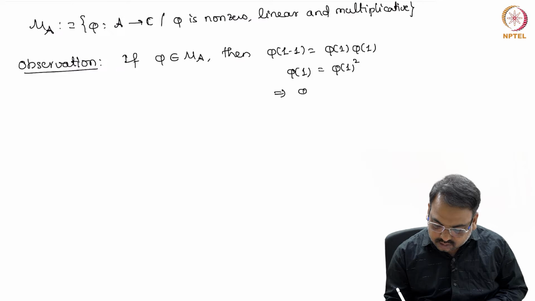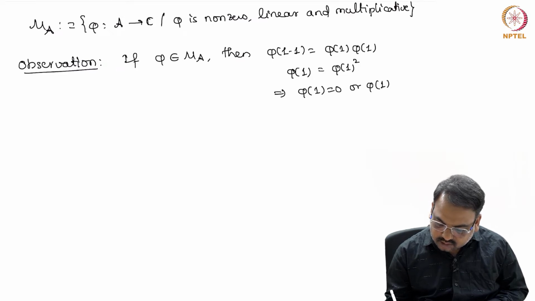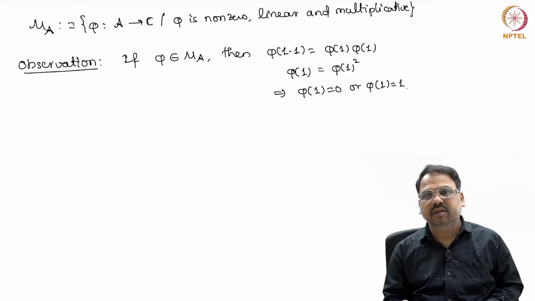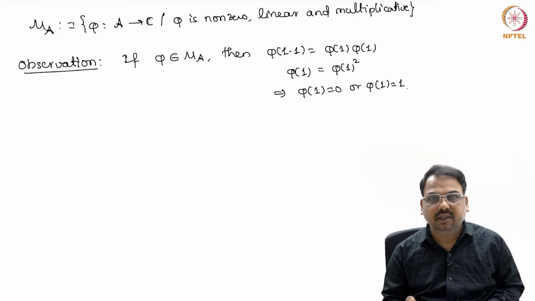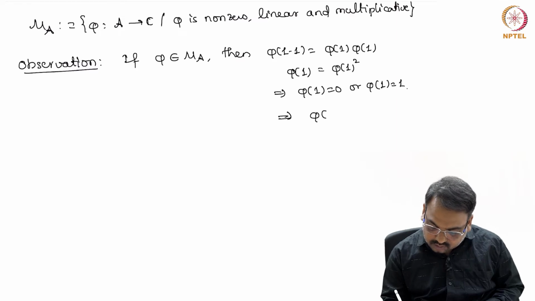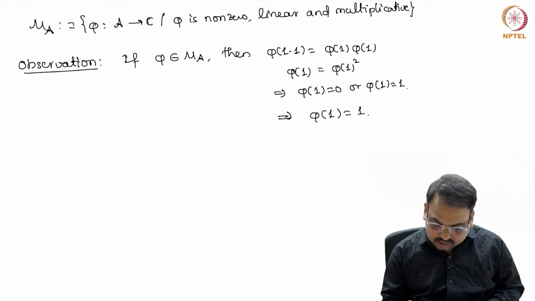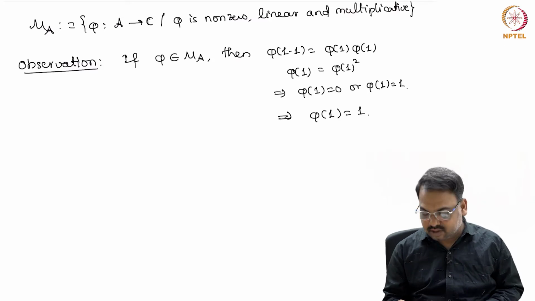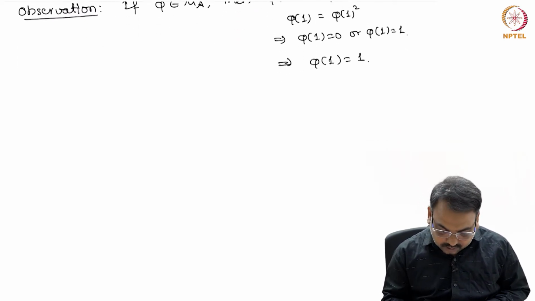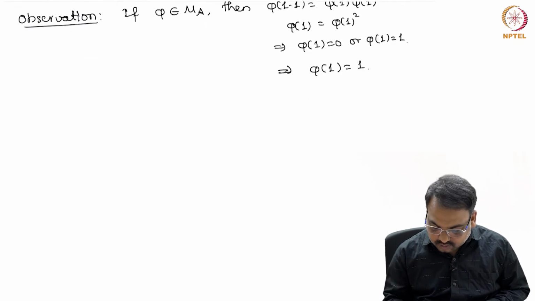This implies phi of 1 is 0 or phi of 1 is 1. If phi of 1 is 0, then phi becomes the 0 functional, but we are avoiding 0 functionals in MA, so this implies phi of 1 is 1. Sometimes we write the subscript 1A for the unit element, sometimes we don't. Okay, so this observation is going to be more useful.